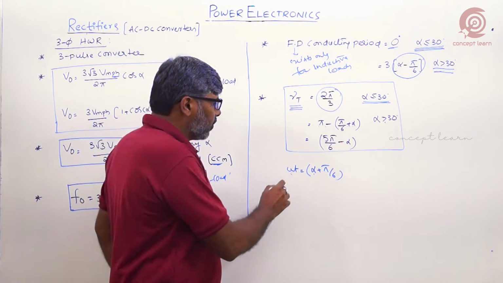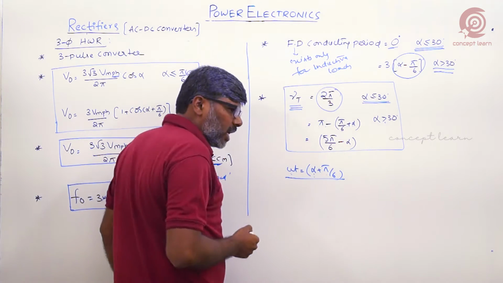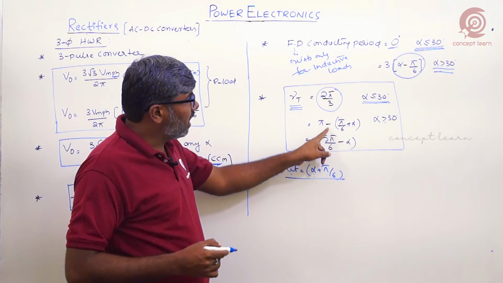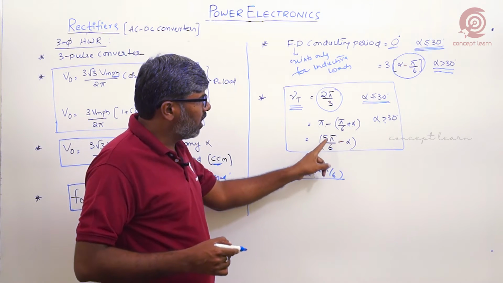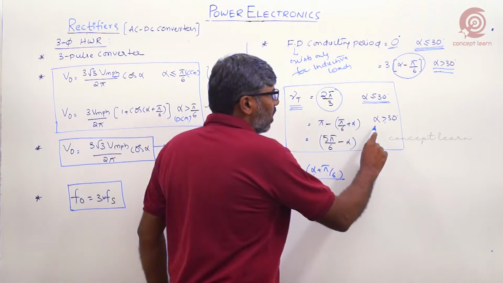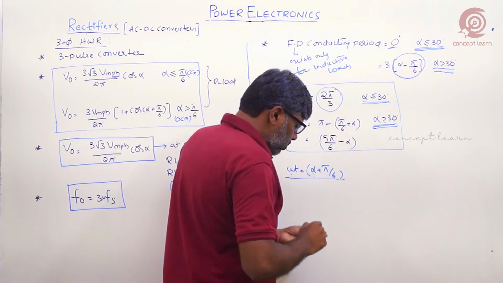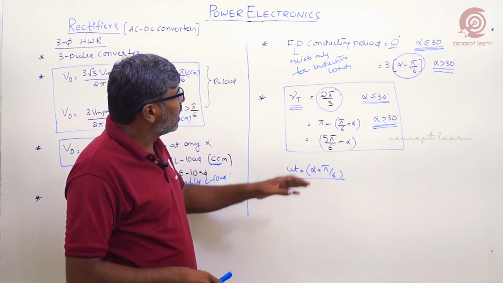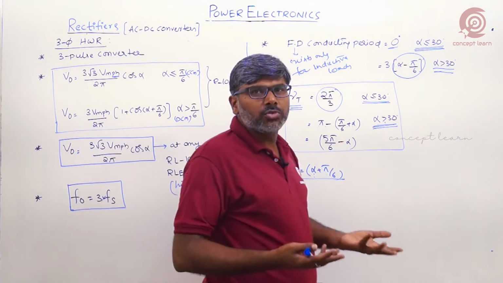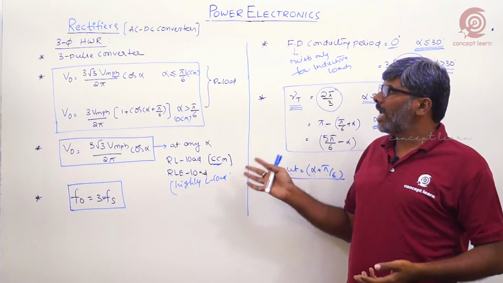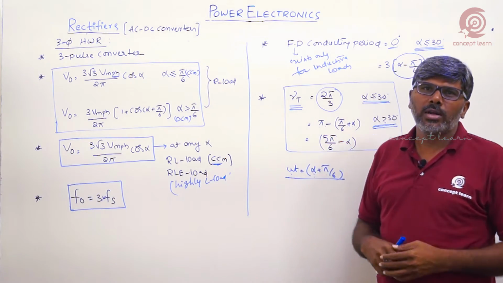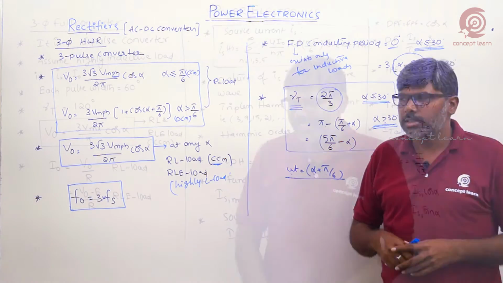So that is why omega t is not 0 if the firing angle is 0. So we take pi minus of pi by 6 plus alpha, then 5 pi by 6 minus alpha for alpha greater than 30 degrees. So this is the conducting period of the main switches, thyristors. So this is the analysis of the three-phase half-wave rectifier, called the three-pulse converter circuit analysis.